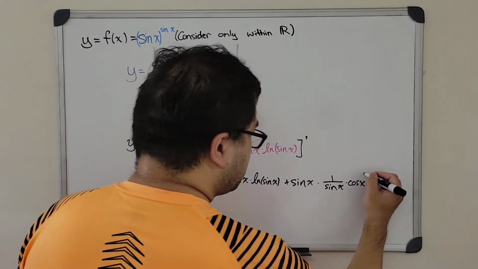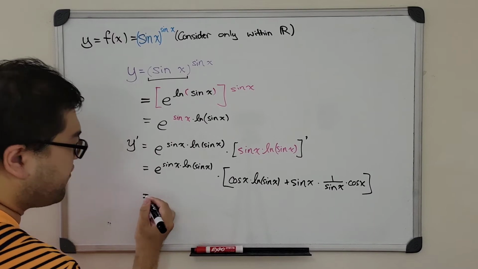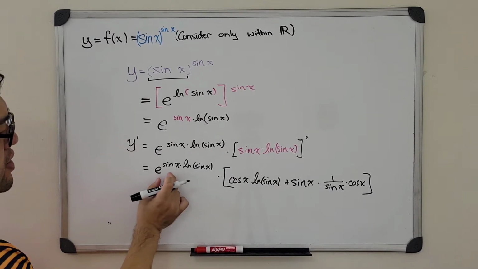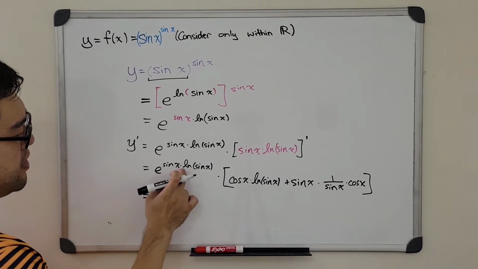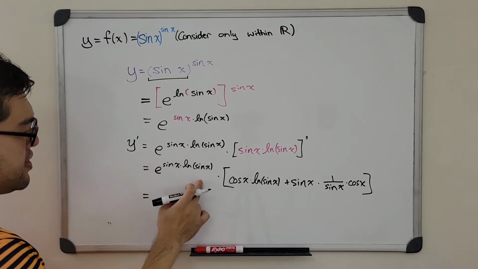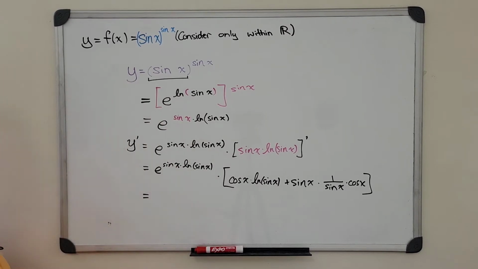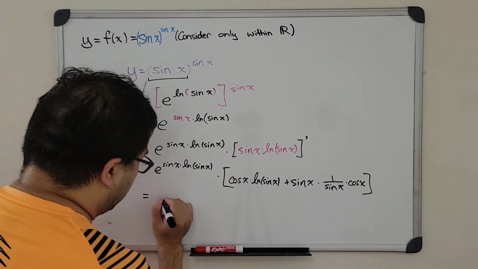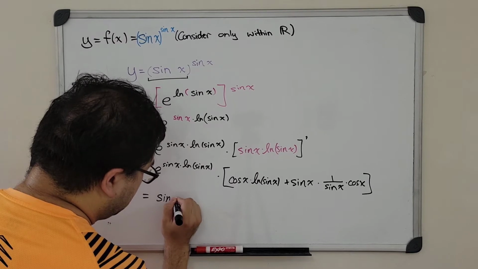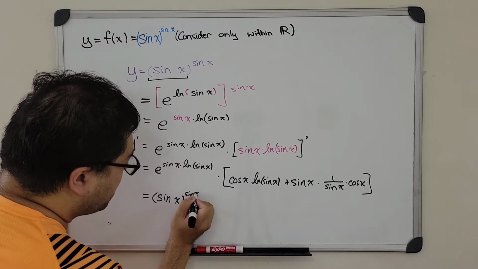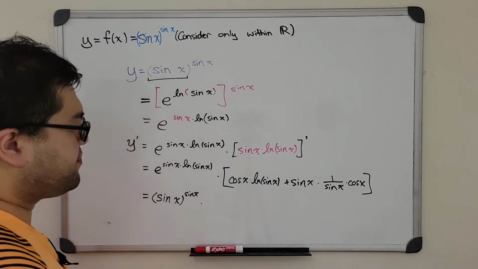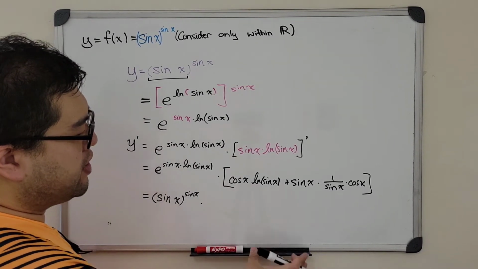Then we can now try to simplify everything. Keep in mind, here we can just rewrite the e to the ln of sine of x as sine of x, just like what we started off. So we actually have sine of x raised to the sine of x power, times, now let's see what we can cancel out.